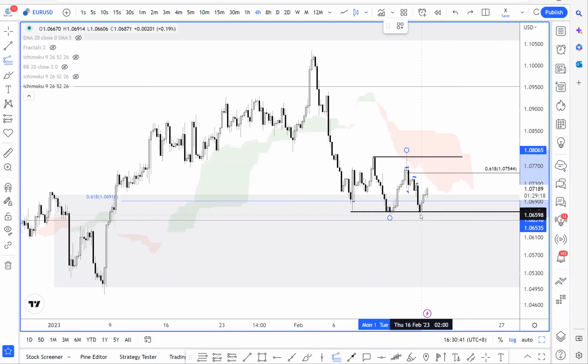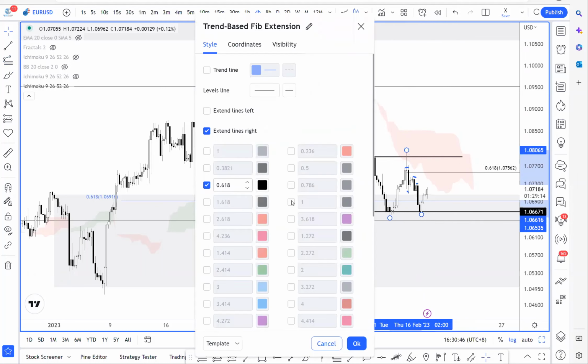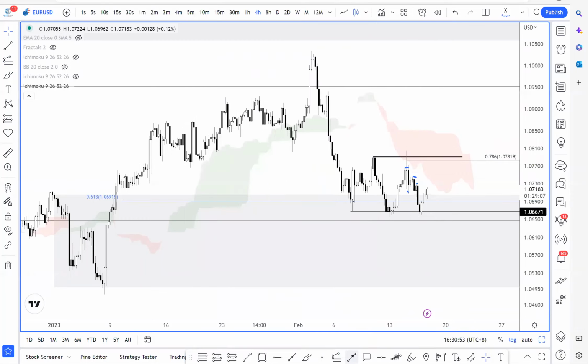We've identified the resistance level to be much higher, this area. In this case, this will probably be more towards the 100% or the 78.6. The 78.6 is nearer, so the 78.6 extension here. If price were to break above this range, this is one area that we want to wait for price to break and close above before we see any more upside.